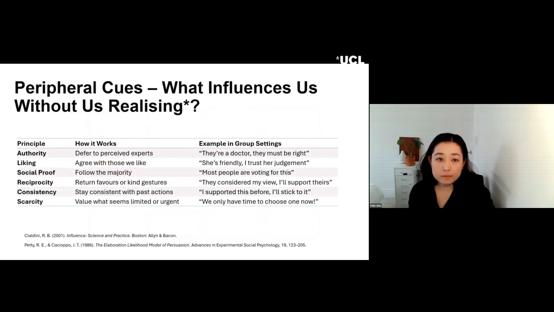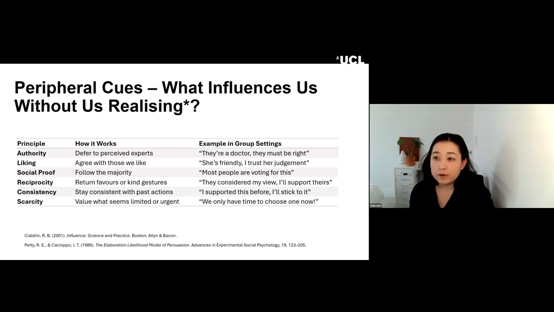Now, these are some peripheral cues defined by Cialdini's 6 principles of persuasion within the ELM framework. And they often operate as peripheral cues, especially in consensus discussions, when people feel rushed, don't have enough time to make decisions, or trust a particular dominant speaker.